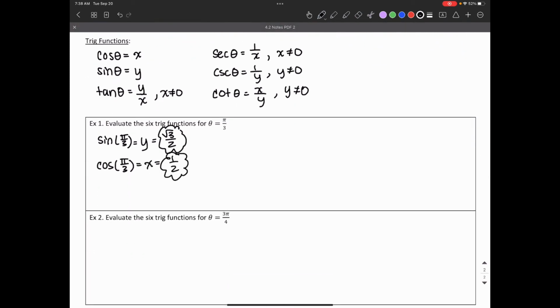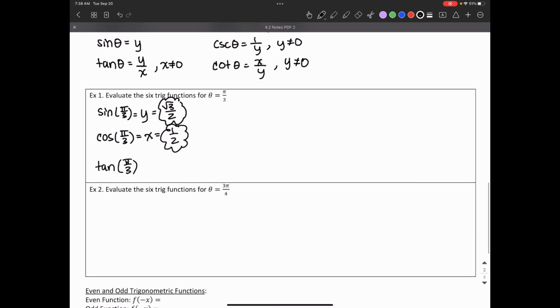And then for tangent of pi over 3, I can just use what I have for x and y already. I'm doing y over x for that, and that's going to be, in this case, the square root of 3 over 2 all over 1/2, which gives me the square root of 3. Then if I do the reciprocals, cosecant of theta would be equal to 1 over y.